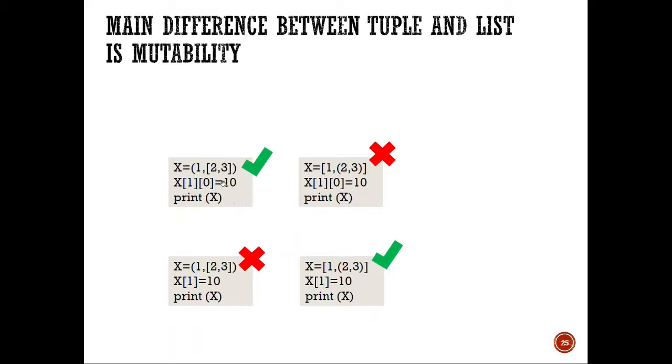That's why this operation works. However, in this example, the opposite applies. Although X is a list, the element that we're trying to access is a tuple, which means this operation will give us an error. The opposite here also applies.